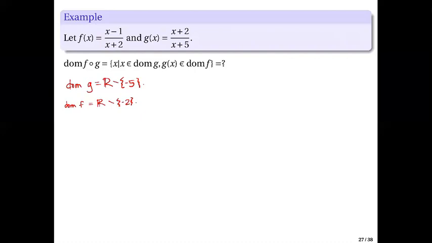Okay, let me do the computation here. So g of x element of the domain of f implies that your g of x must not be equal to -2 because you remove that -2 from the domain of f. Correct?